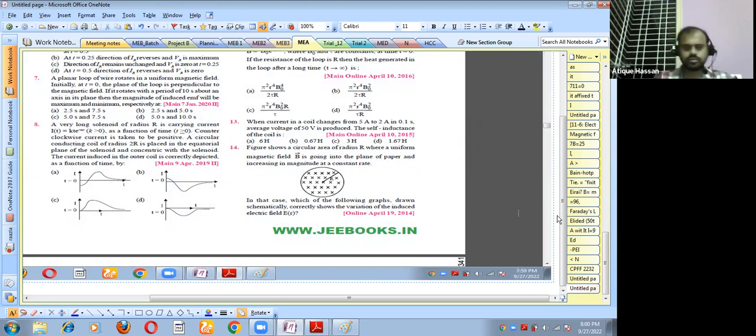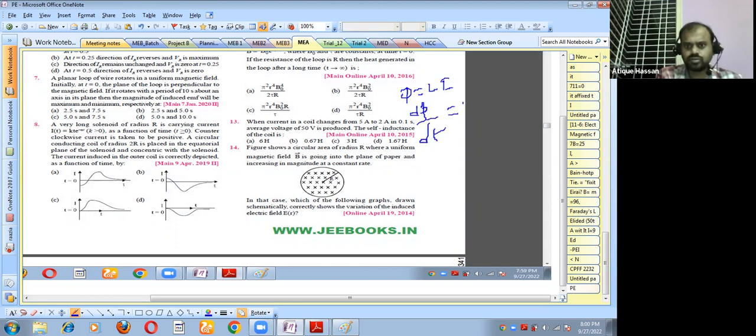For 13, what you have to do? You have to apply the formula. You know that phi is equal to Li. So d phi by dt is equal to L into di by dt, right? So EMF will be equal to L into di by dt.